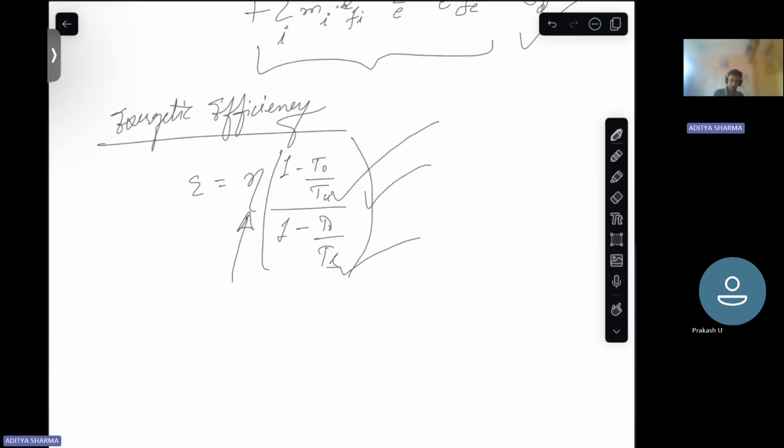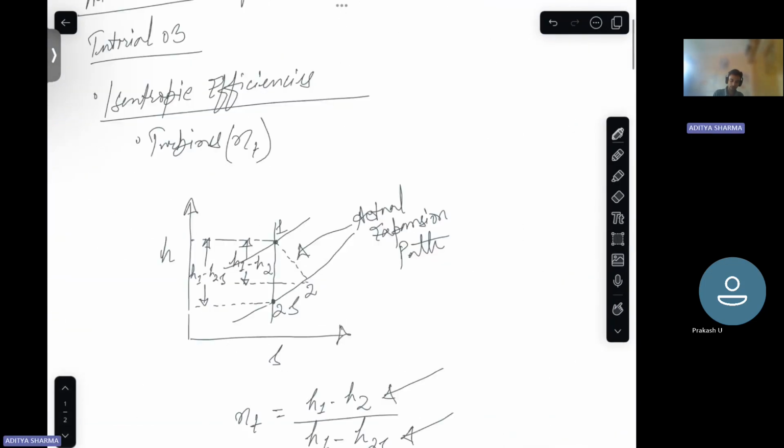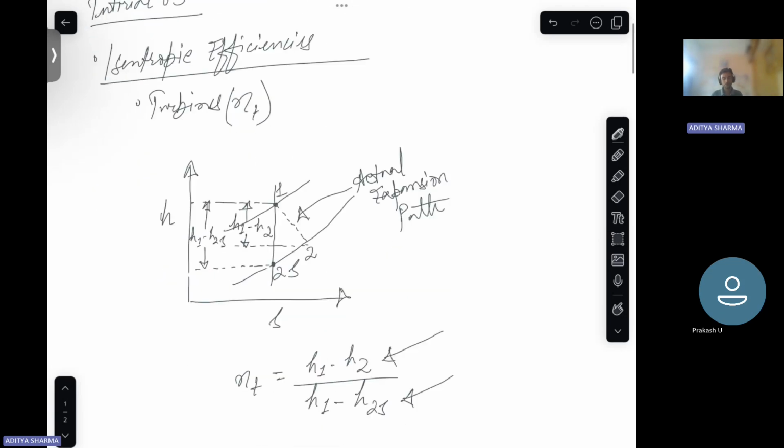I'll just refer to the diagram I have drawn. We have moved from state 1 to state 2 during the expansion in some turbine, and state 2s is the isentropic state, the state had the situation been isentropic.